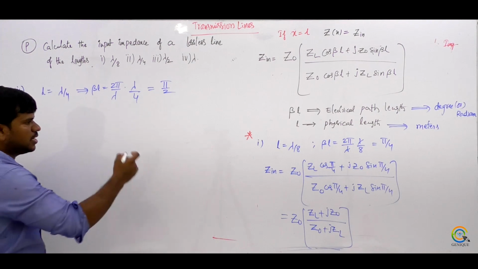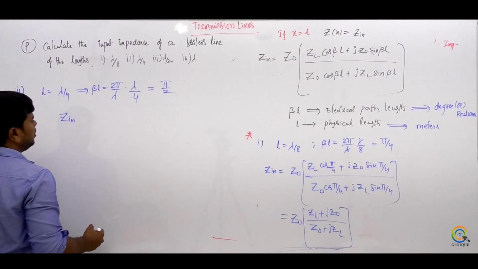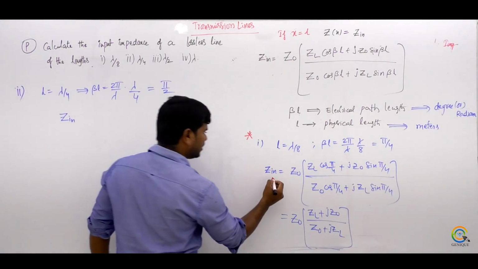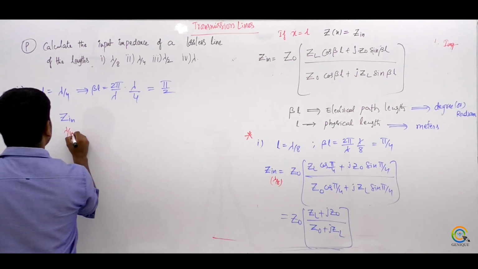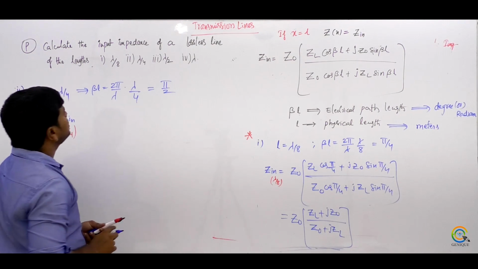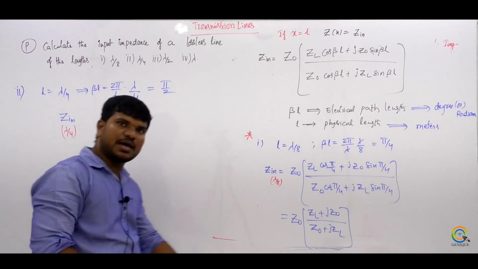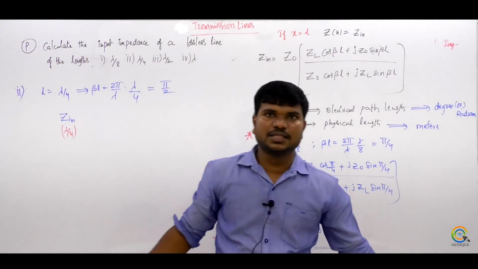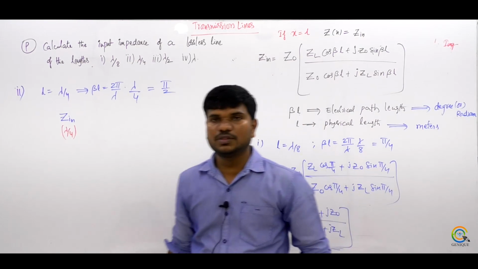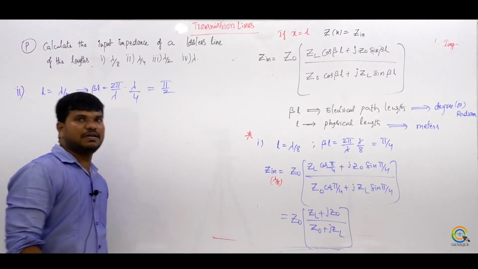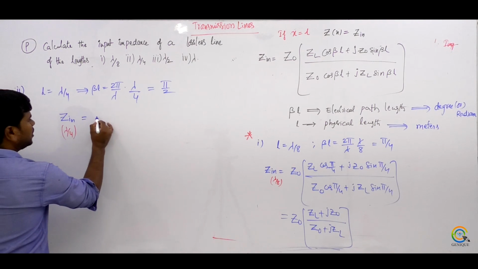So this is Zin for the lambda by 4 line. See, the length of the line is lambda by 4. Lambda is nothing but the wavelength. Always the length is compared with respect to the wavelengths only.